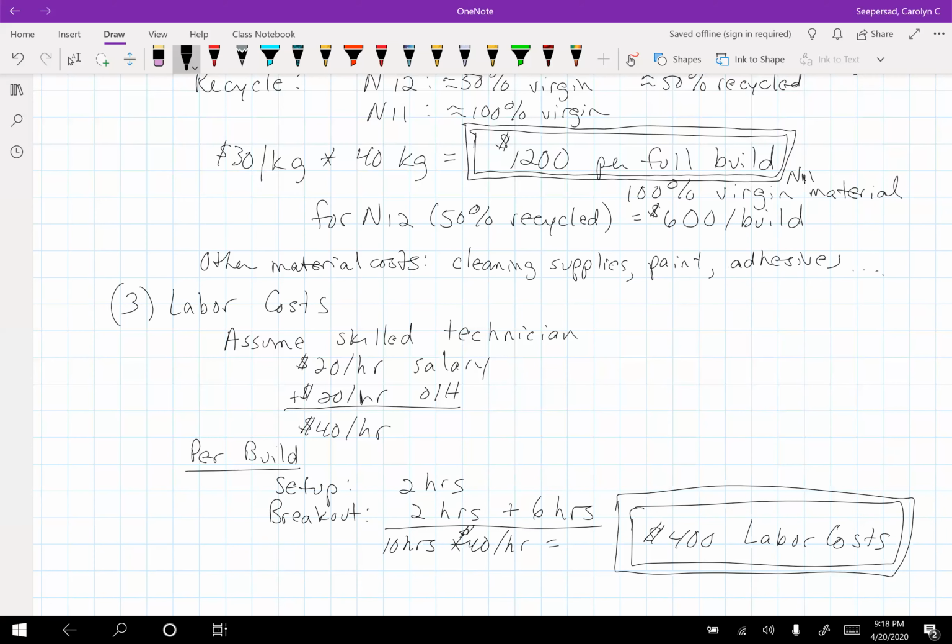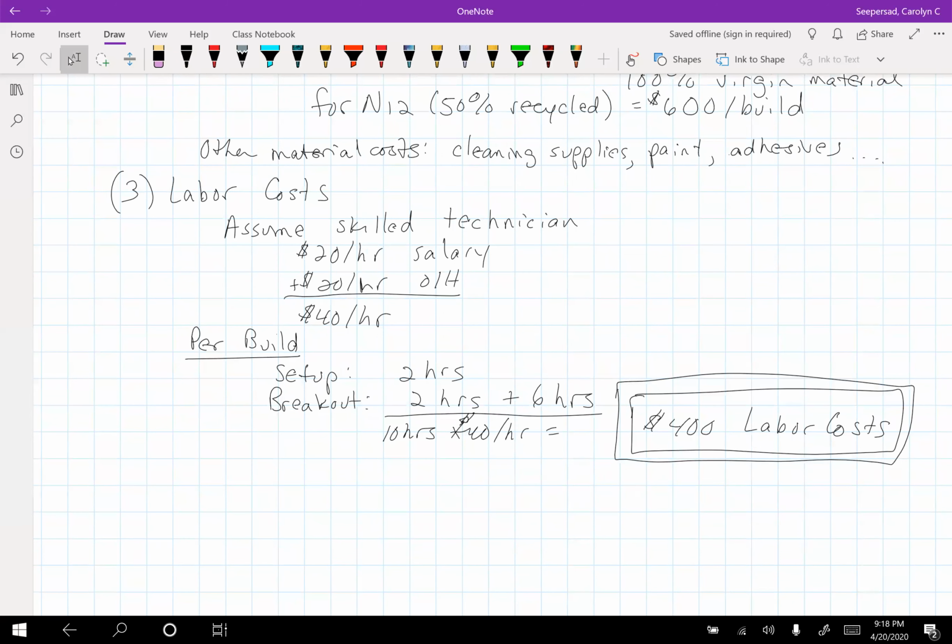Now, let's think about other labor costs. Where can some of these labor costs come from, depending on the process? In the pre-build, there's process planning.